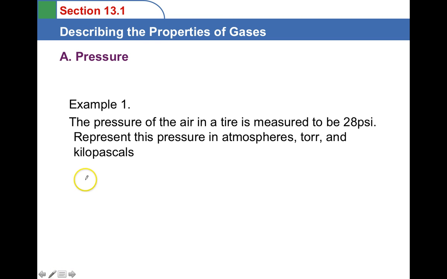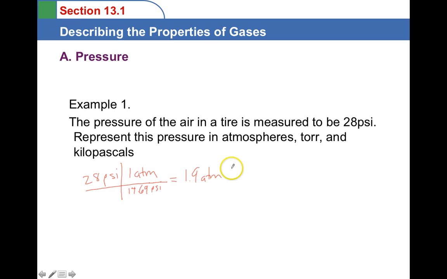So 28 psi, you don't want psi, so 14.69 psi is on the bottom because that's the conversion factor, and it's to 1 atmosphere. When we do that to atmospheres, we come out with 1.9 atm.